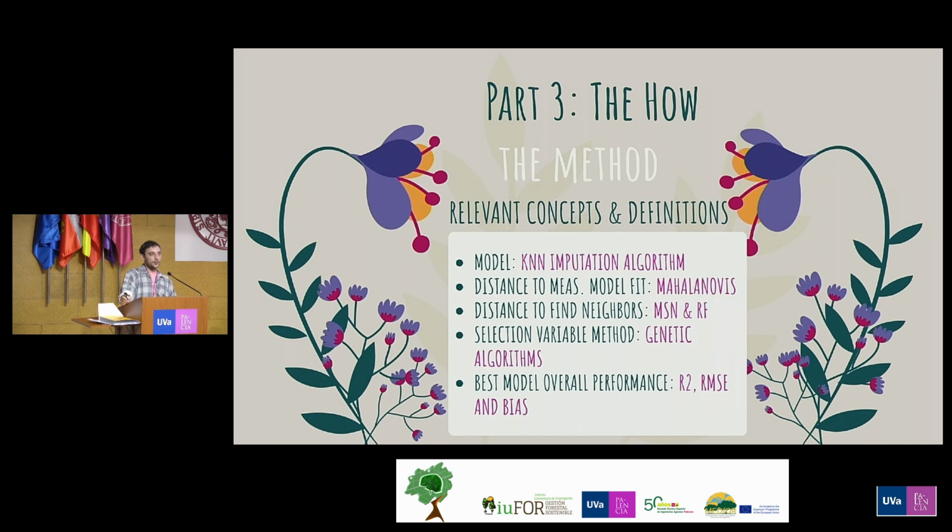So the idea is to get two types of models. The first one is to get, for instance, per pixel, the volume, the biomass, the number of trees, and the basal area. Or, for instance, we could get the volume at different diametric classes.